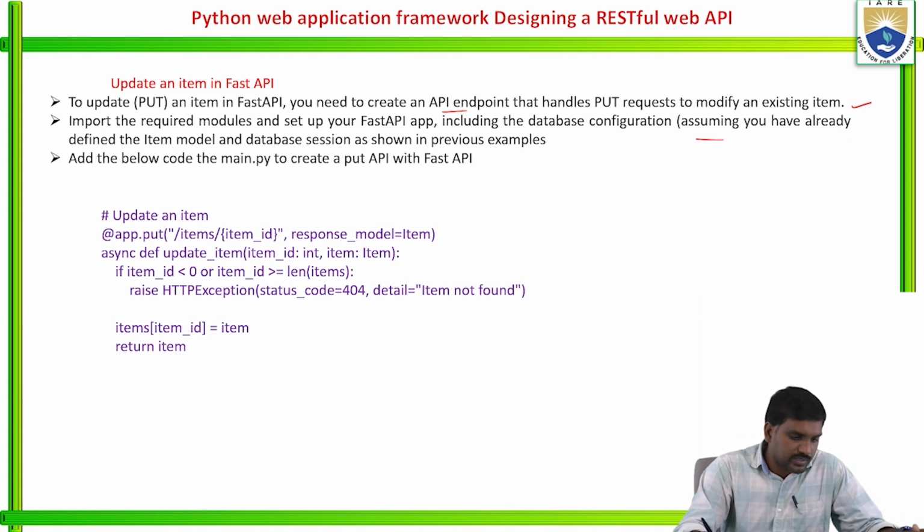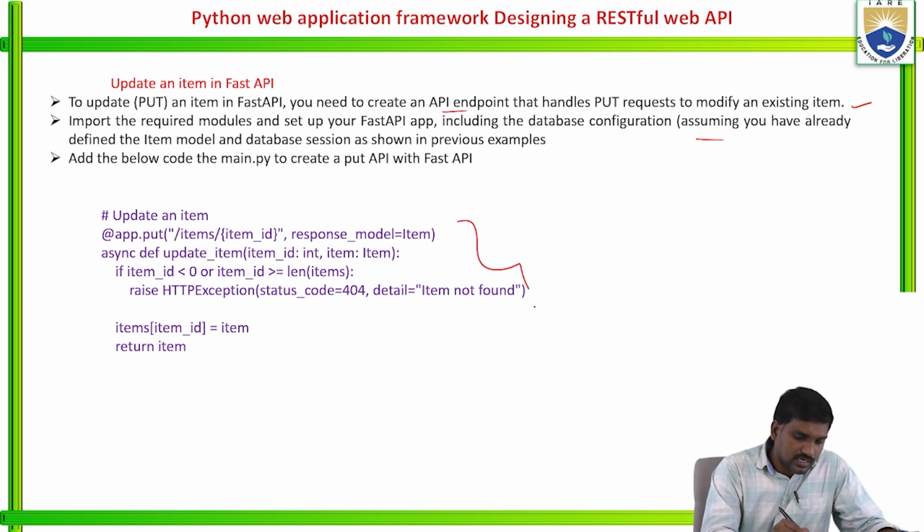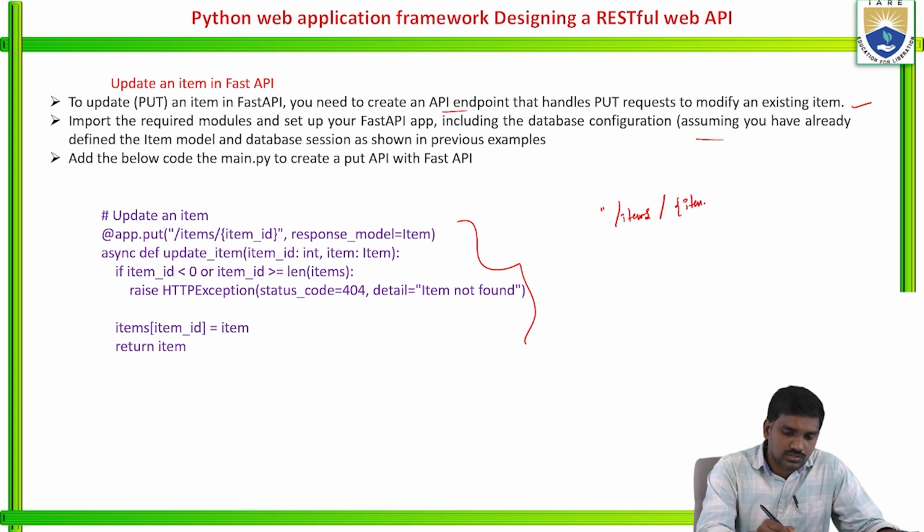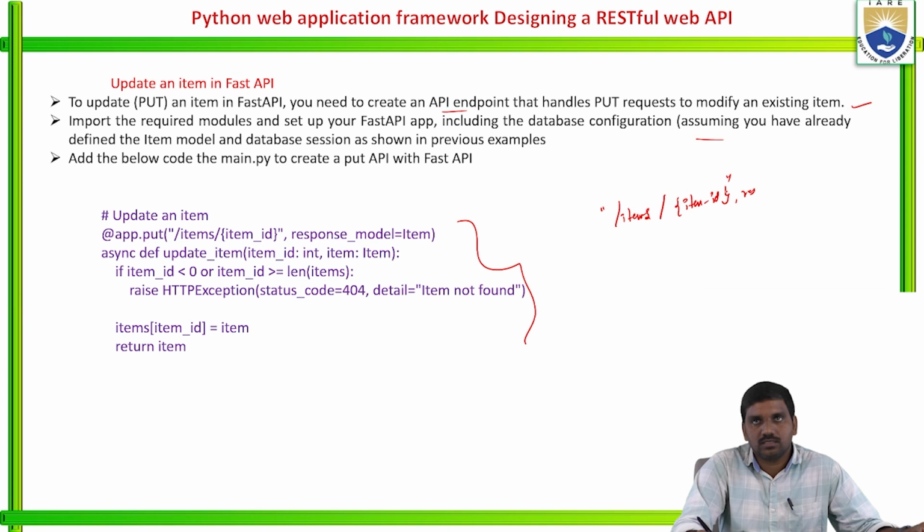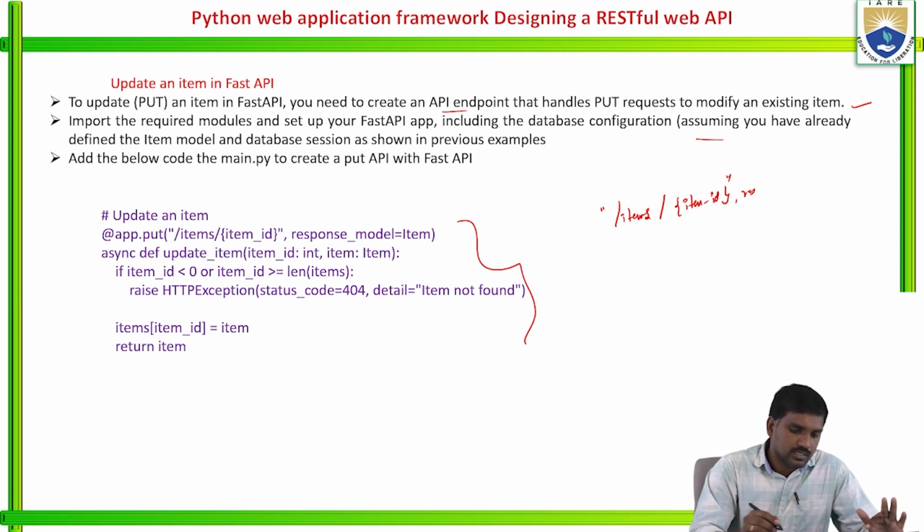In order to update the item, the command lines are like that: app.put, same lines, item_id, response_model equal to Item, asynchronous update_item.